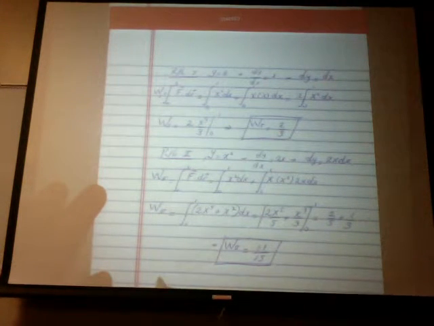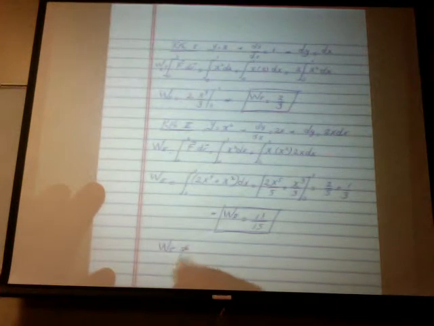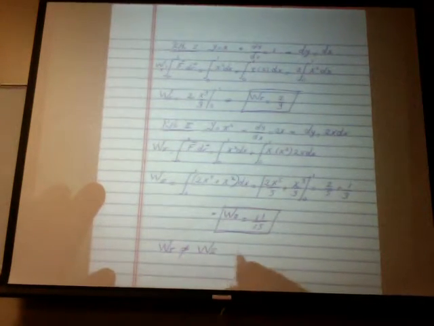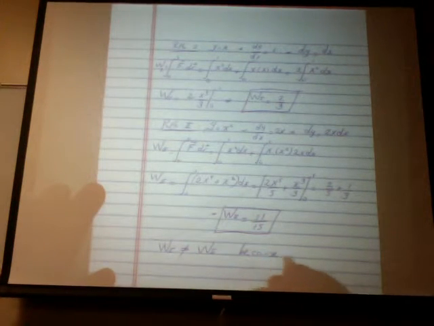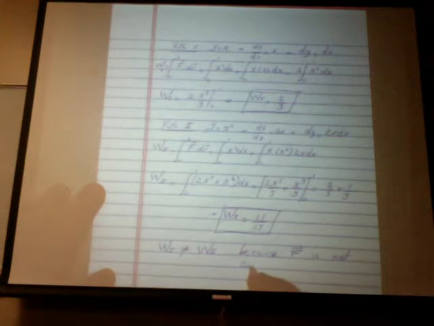So the work along path 1 is different to the work along path 2 because f is not conservative.